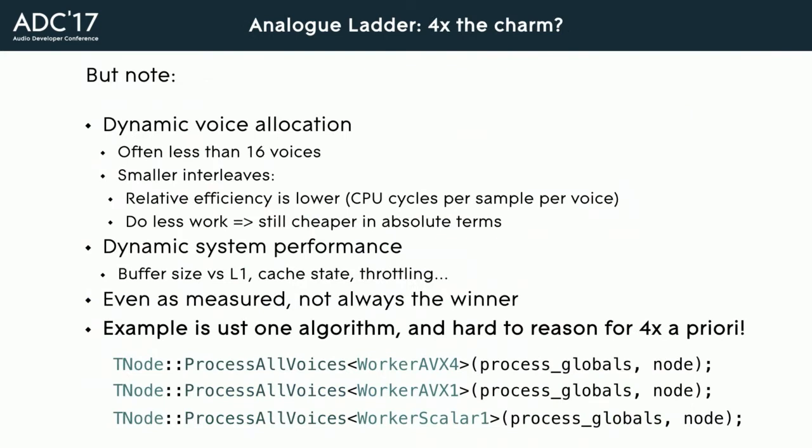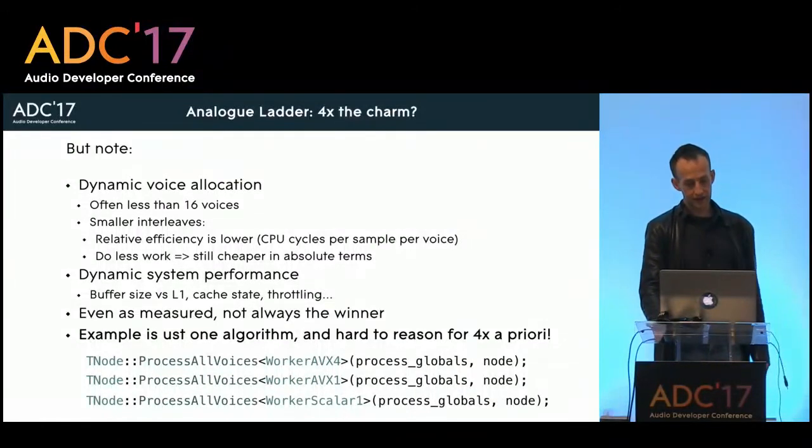Now, we see across a lot of these graphs that actually 4 times seems to be the winner a lot of the time, so why not just interleave 4 ways and forget about the rest? Well, we don't always need to do 16 or 32 voices worth of work, and although the relative efficiency of 1 way is lower than 4, in absolute terms, if you're doing less work, even if you're doing it slightly less efficiently, you're still doing less overall.